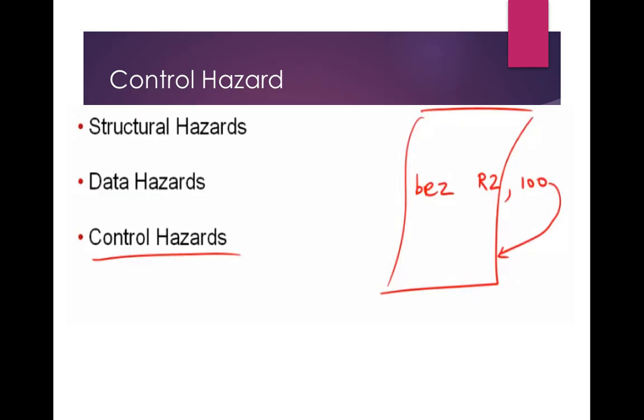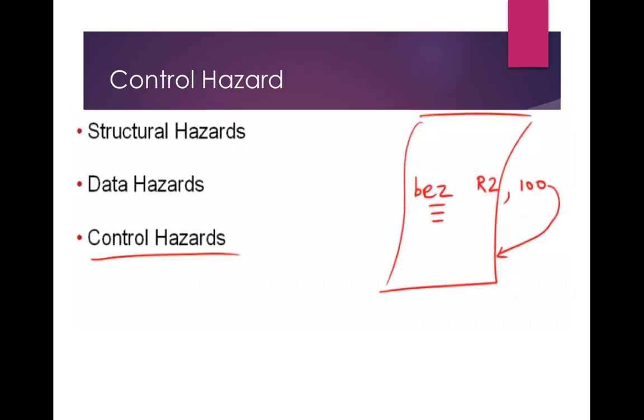But if a branch instruction occurs, the processor has to go and fetch the 100th location, so the program counter value has to be incremented by 100. That is when the hazard occurs, because at clock cycle 2 the second instruction will be fetched and try to execute, but we learn only during execution that it is a branch instruction and we have to change the program counter value by 100. That is how the conflict occurs, and it is called the control hazard.